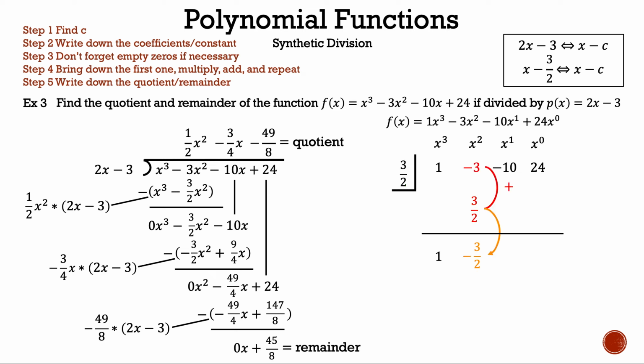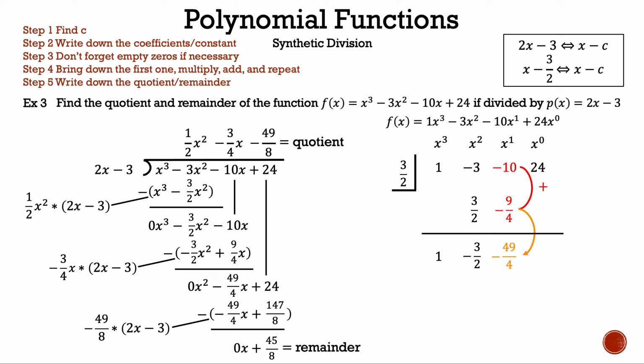Now we add the negative 3 and 3 over 2 and put the result, negative 3 over 2, on the bottom row. Now we repeat. So let's multiply the c value, in this case 3 over 2, by the bottom number, negative 3 over 2, and the result, negative 9 over 4, goes under the negative 10. Next we add the negative 10 and negative 9 over 4 and put the result, negative 49 over 4, on the bottom row.